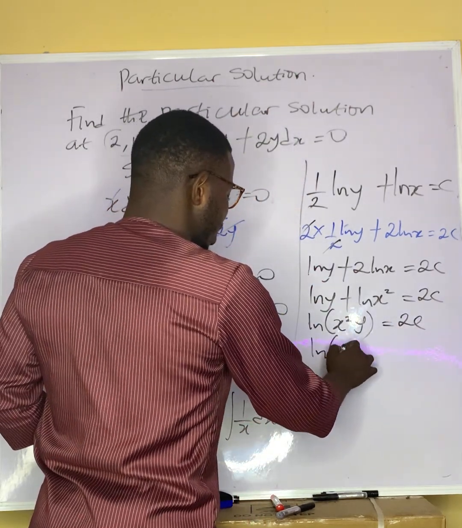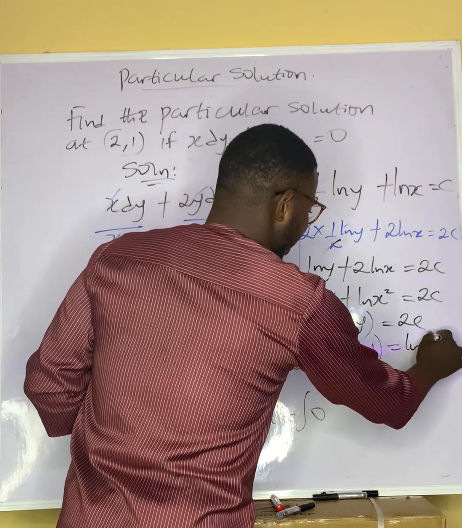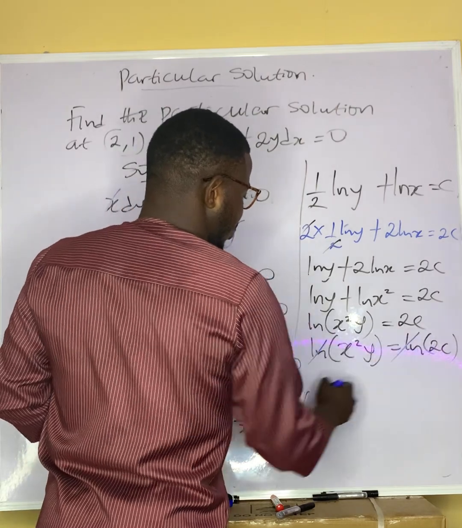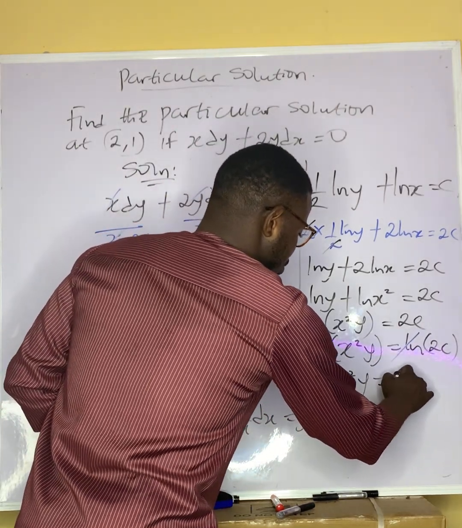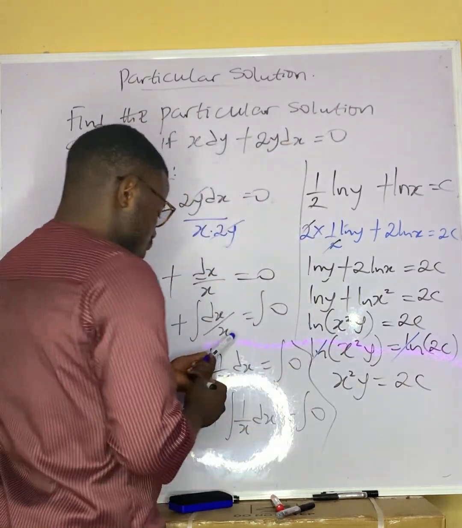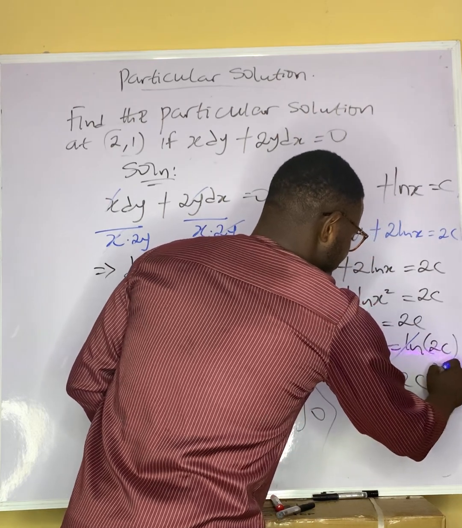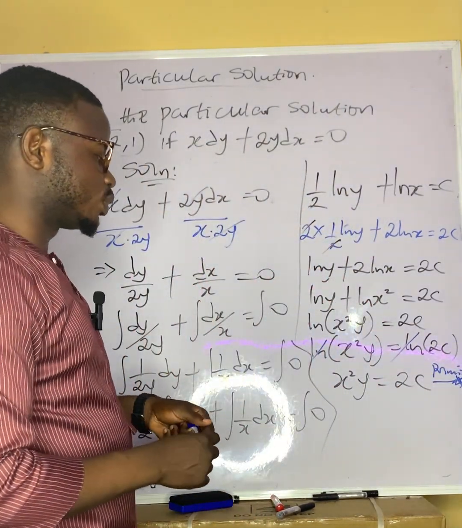Since we have ln at this other side, we can introduce the ln to the other side as well, so that this one will cancel this. So we now have x squared y equals to 2c. We can call this equation star. This is the primitive. It is from this primitive that we are going to obtain the particular solution.